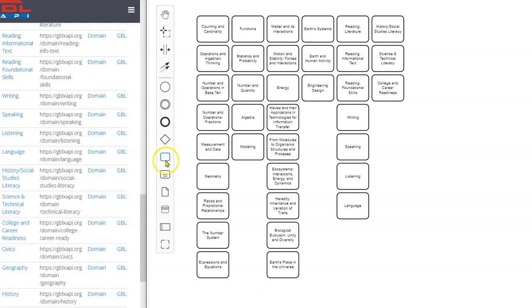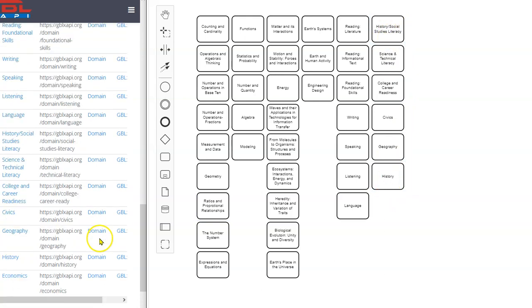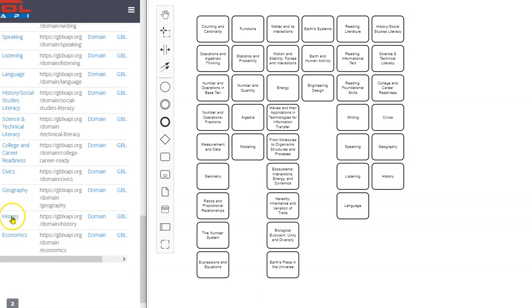Alright, civics. That would include government, I believe. Geography. Straight up history. We have history and social science literacy, and just alone history.